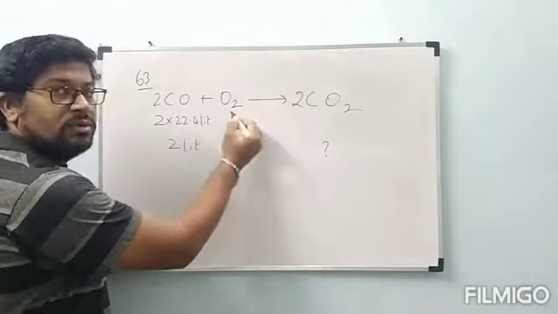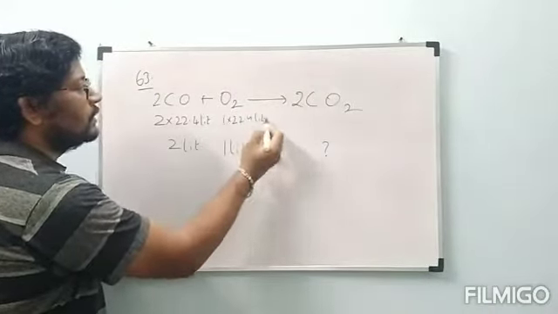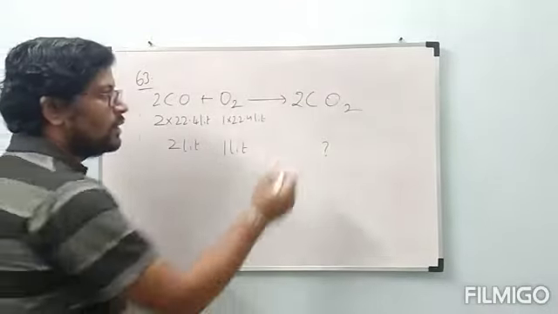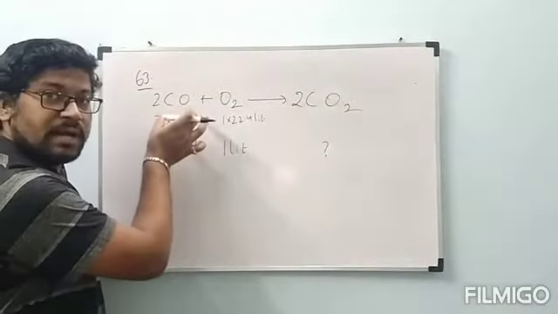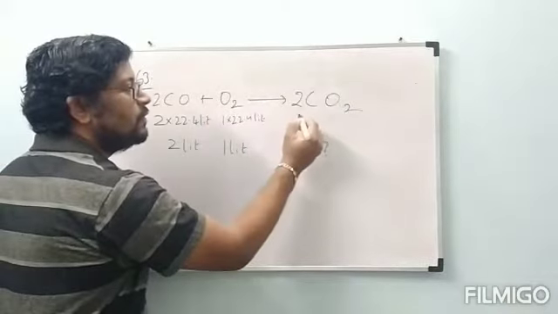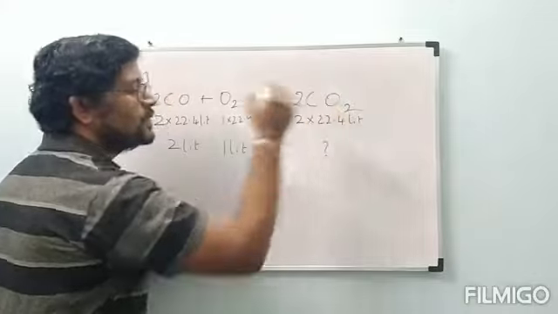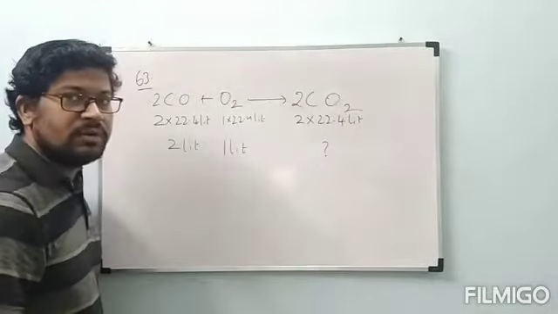1 mole of O2 will occupy 1 into 22.4 liters of volume at STP. And if 2 into 22.4 liters of carbon monoxide and 1 into 22.4 liters of oxygen combine, we will get 2 into 22.4 liters of CO2. Everywhere 22.4 is common only.